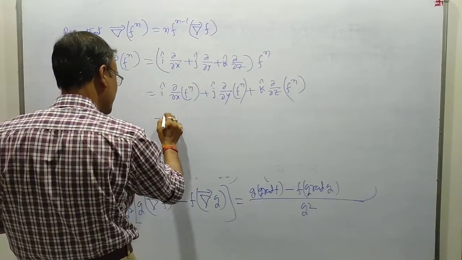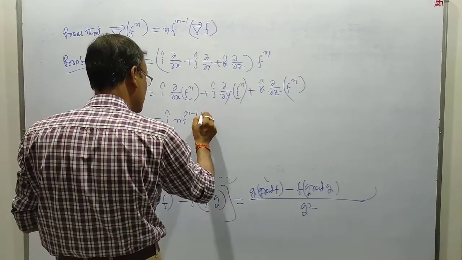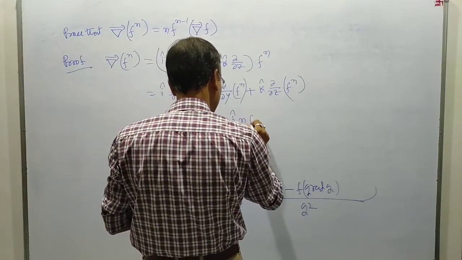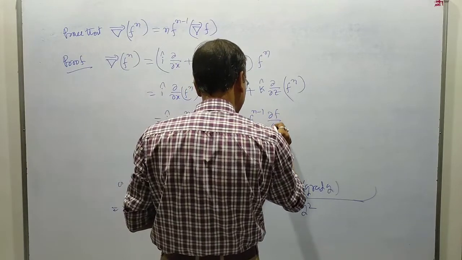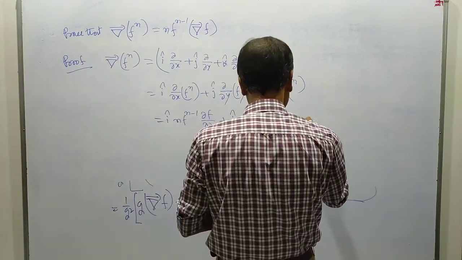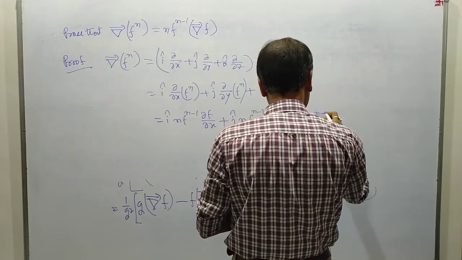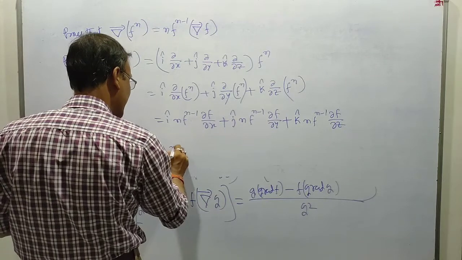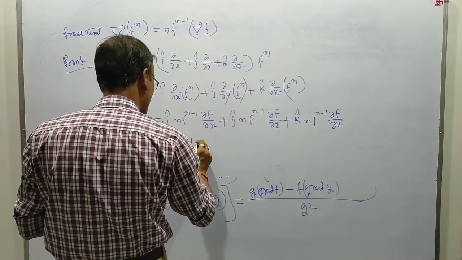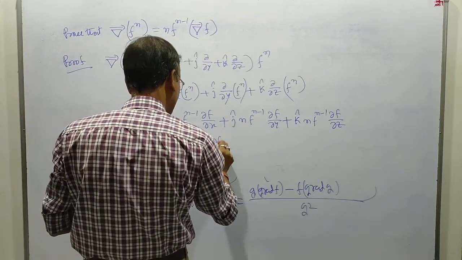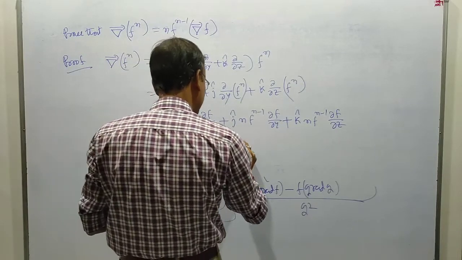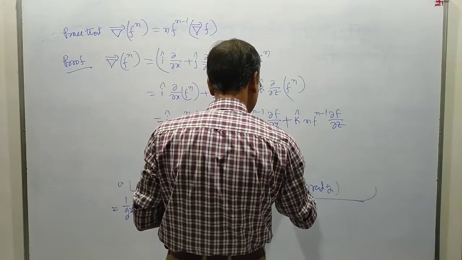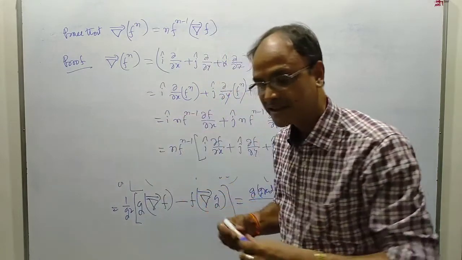This is equal to i cap n f to the power n minus 1 ∂f/∂x plus j cap n f to the power n minus 1 ∂f/∂y plus k cap n f to the power n minus 1 ∂f/∂z. Taking n f to the power n minus 1 common: i cap ∂f/∂x plus j cap ∂f/∂y plus k cap ∂f/∂z.